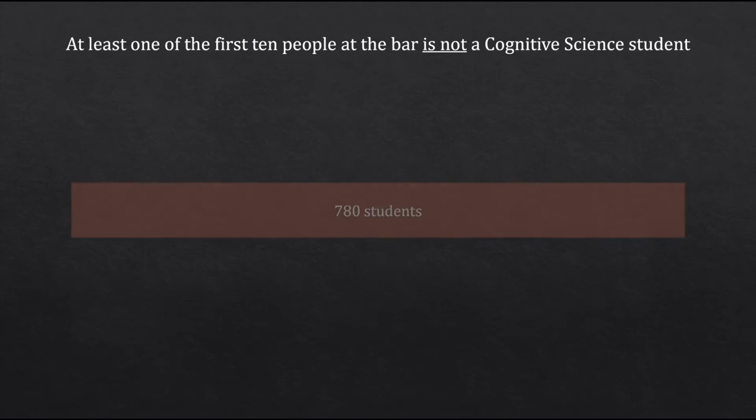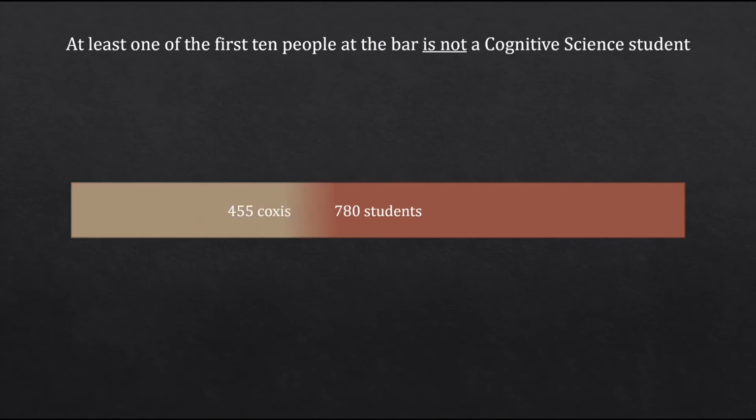Okay, let's get this done. To make it clearer, let's imagine you're going to the bar and you will meet 10 people. What is the probability to meet at least one person out of your Coxi bubble? So what information is given? We know that in total 780 students frequent the bar, where 455 are Coxis and 325 students study other subjects.